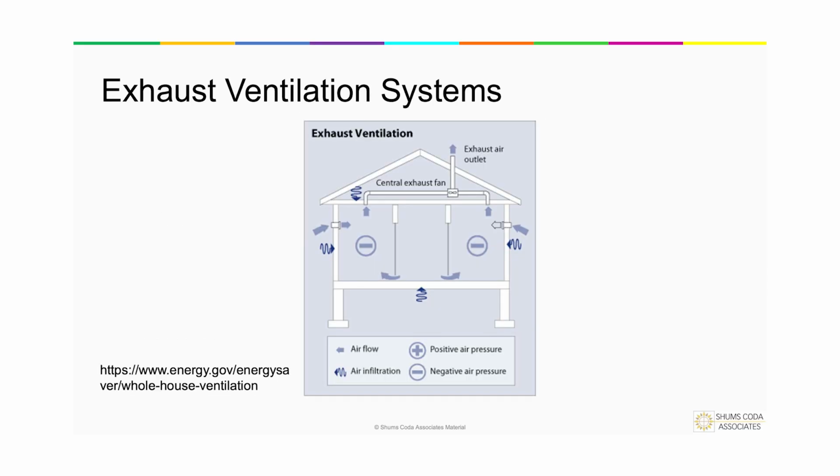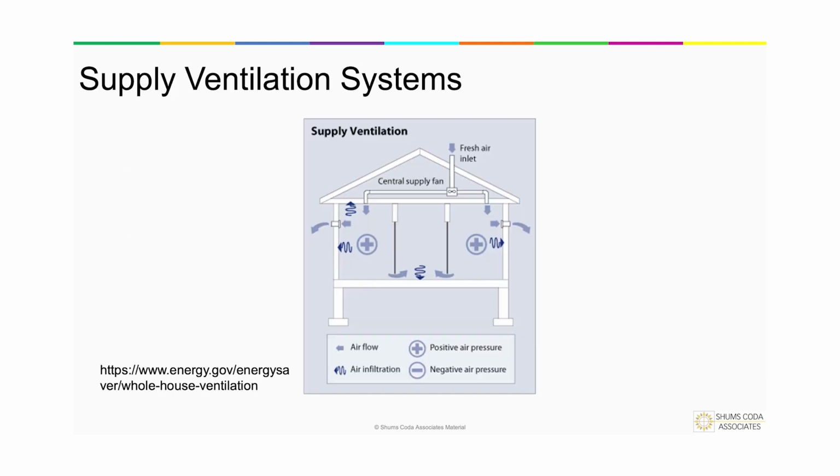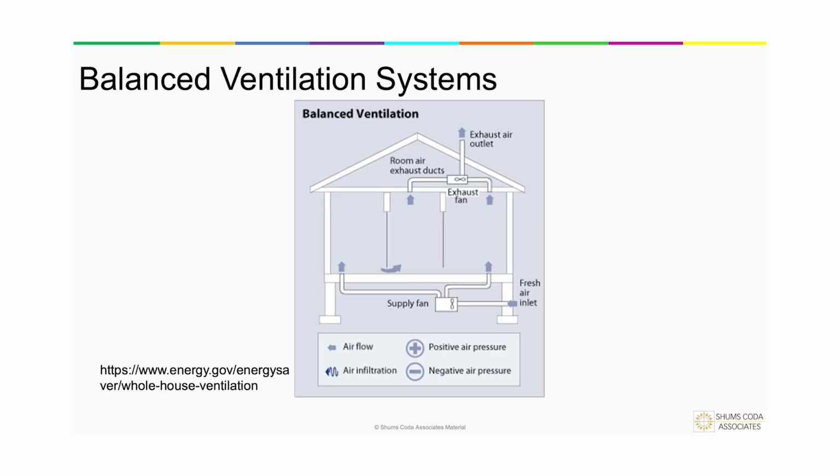Or you could do supply only, where you pipe in fresh air from outside into the system before it goes into the handler. Or this is the one that you all are required to do, and this is balanced ventilation. This is where you're going to use those ERVs and HRVs, kind of dependent on where we are.